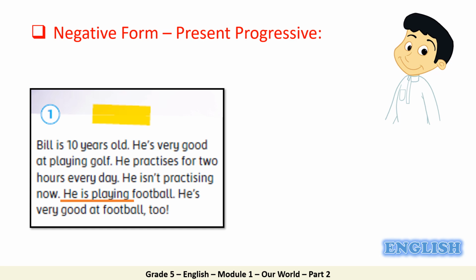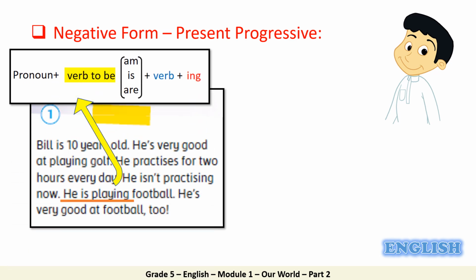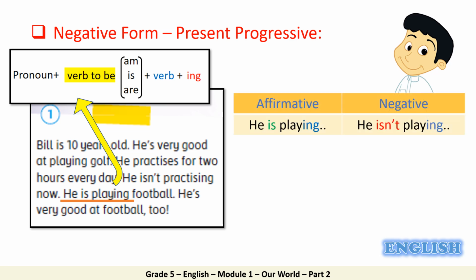Well, it's made of a pronoun or a name plus verb to be plus verb plus ing. Now, if we want to make the negative form, we simply add the word not after verb to be, like this. He is playing. He isn't playing.